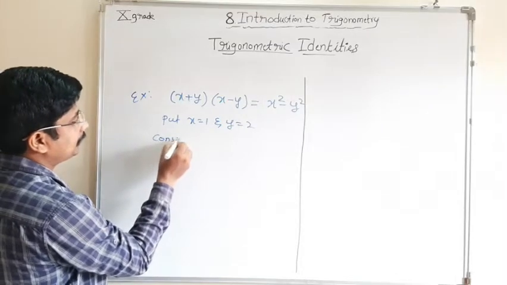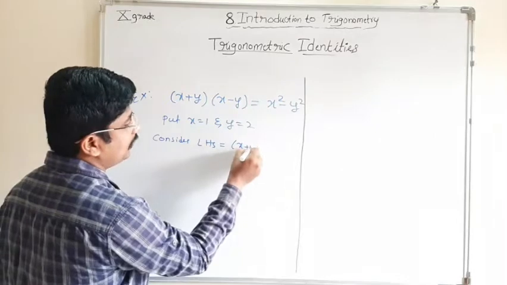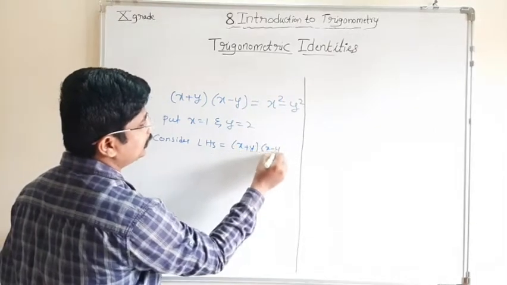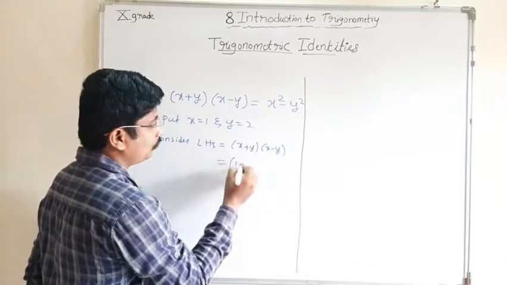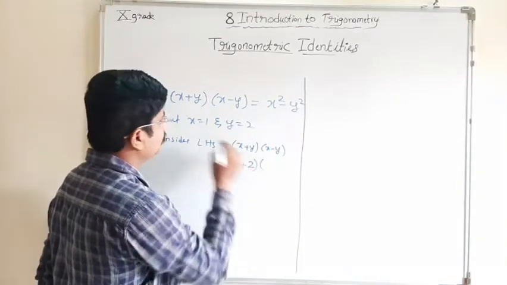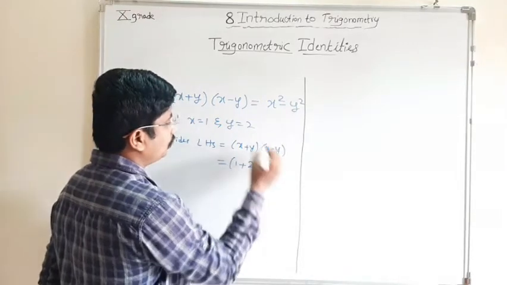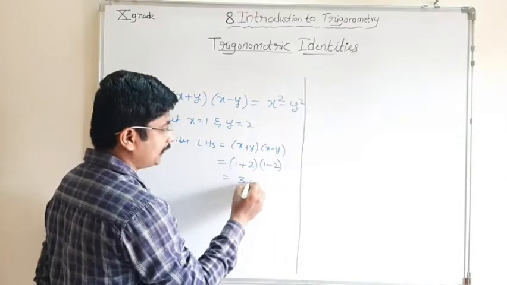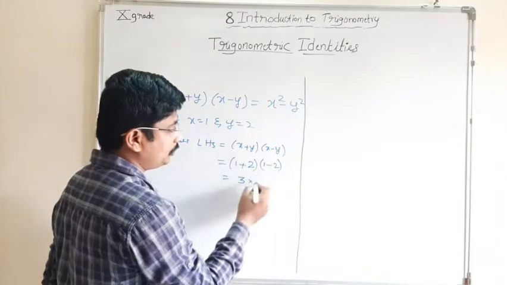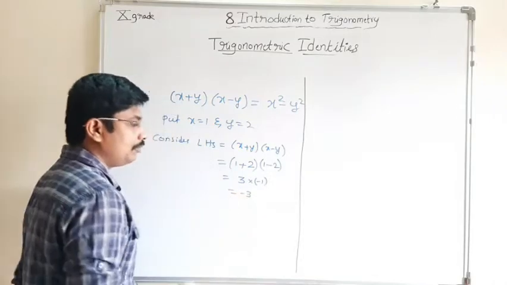First consider LHS, that is (x plus y) into (x minus y). Putting x equals 1, y equals 2: 1 plus 2, that is 3, into 1 minus 2, that is minus 1.